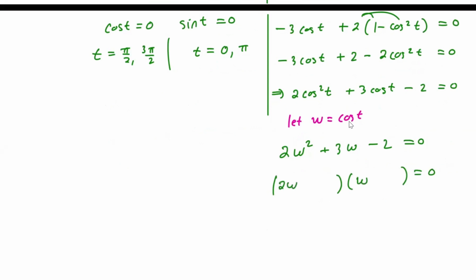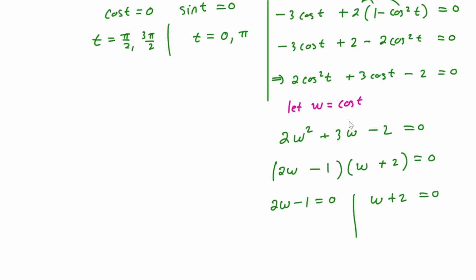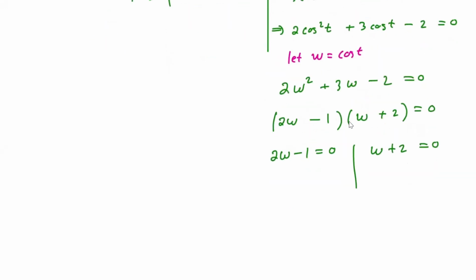So we need to find what the factors are. So perhaps +2 and -1 should do. All right, so these are the factors. And now I can set each factor to 0. 2w minus 1 equals 0, then w plus 2 equals 0. But what is w? Well, w was just a substitution I made along the way. That's cosine t, and I'll replace it back.